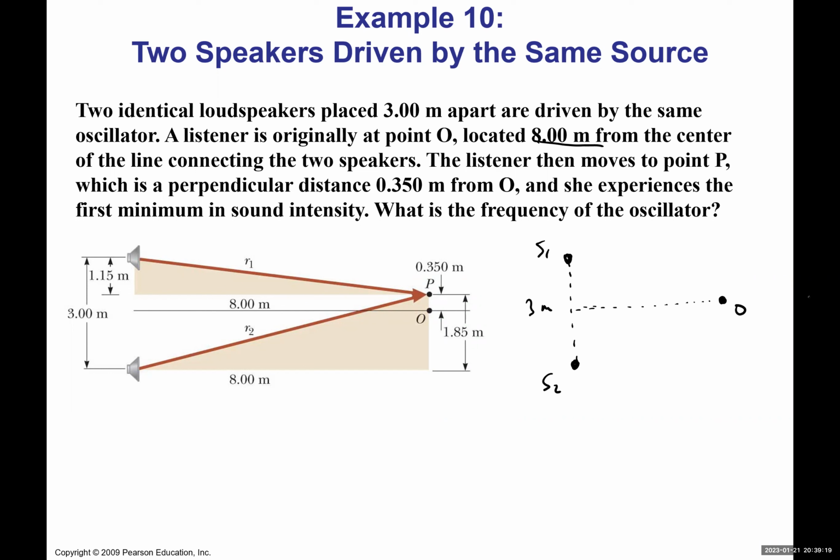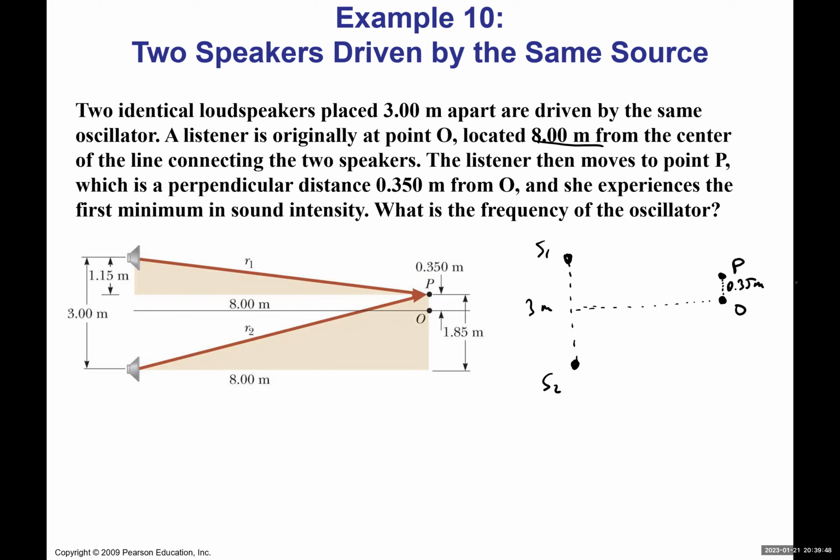Then the listener goes from O, 0.35 meters, a perpendicular distance out from O. Let's call this position P. This is then 0.35 meters.